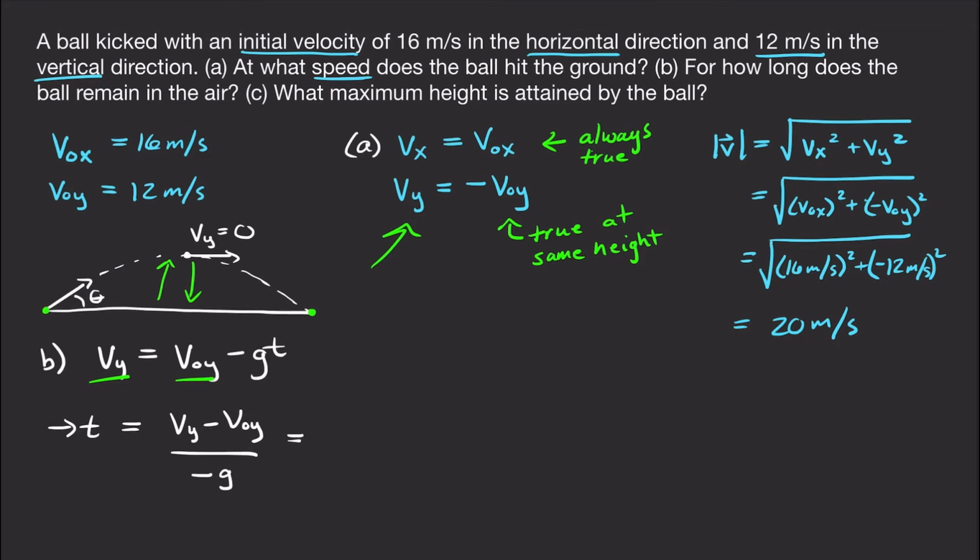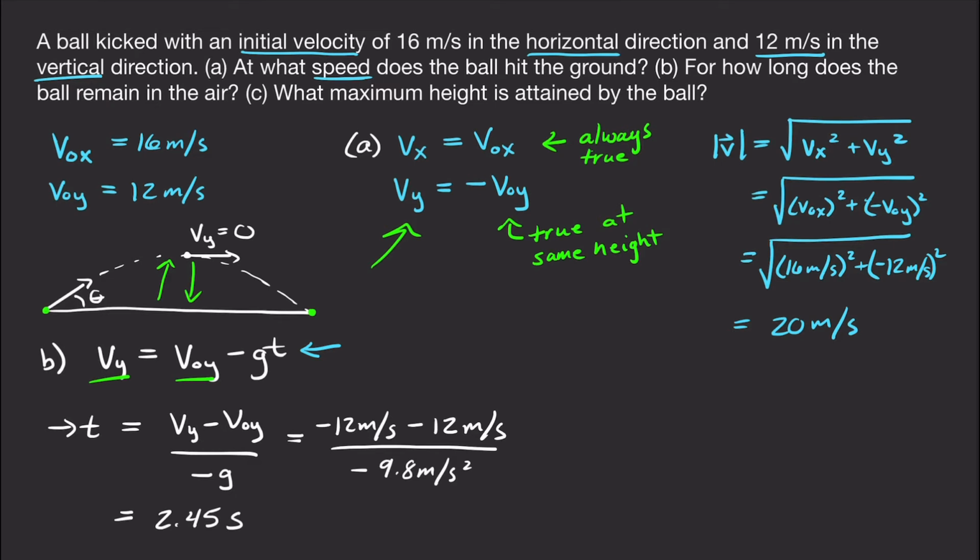And if I plug this in, I said Vy is minus 12 meters per second at the end, and I started at a positive 12 meters per second, so minus positive 12, divided by minus 9.8 meters per second squared. If I plug this in carefully, I should get 2.45 seconds. Okay? So in all of your equations where you have time, you have to be careful.